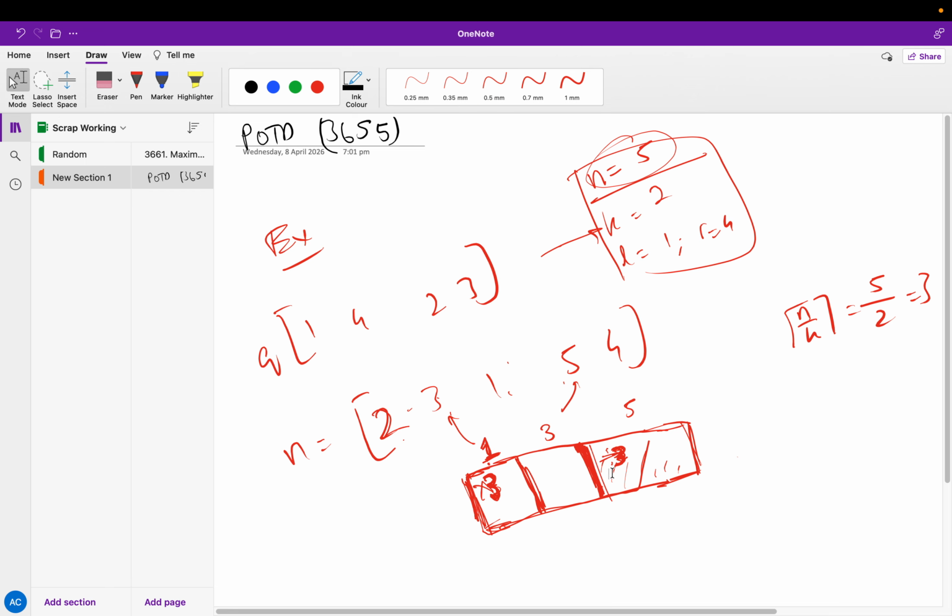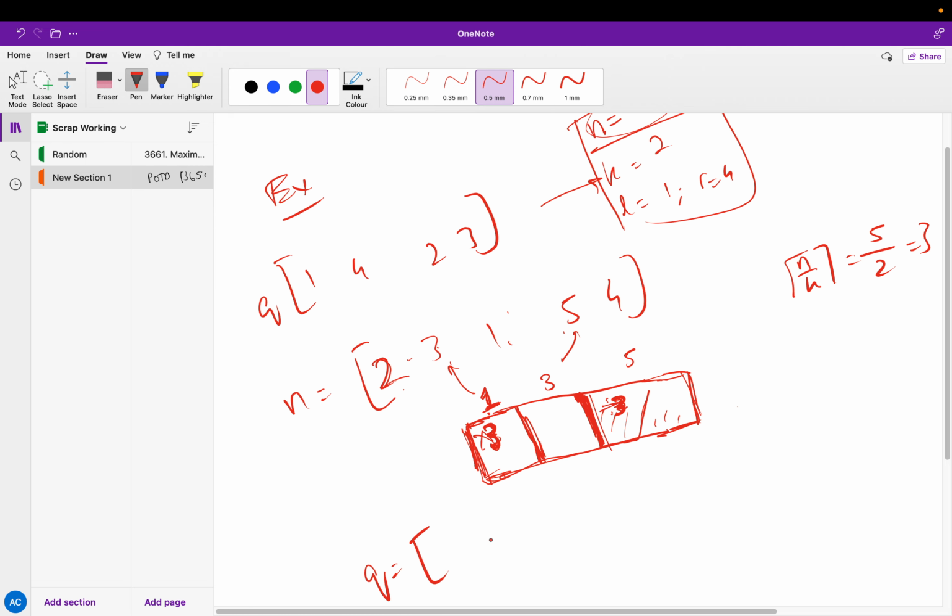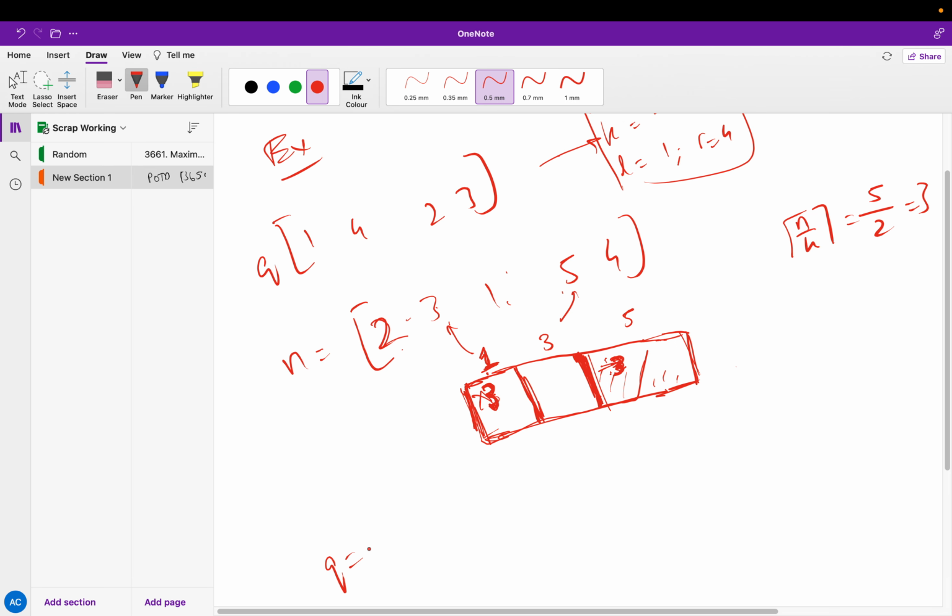If I was to do a second query with a different k value, remember that it's LRKV. Let's say instead of 2 we have an increment of 3, and from index 0 up to 4 with the value of 2.